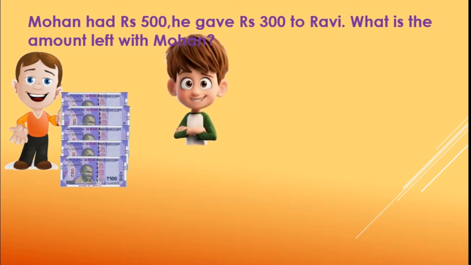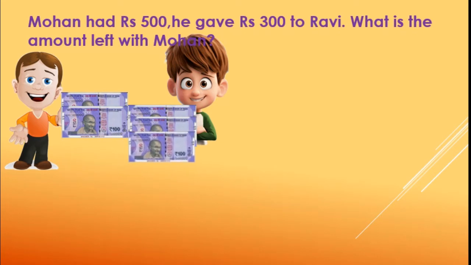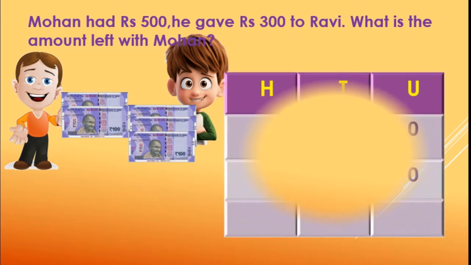Ravi needs 300 rupees and Mohan gives Ravi 3 notes of 100. One note that is 100 rupees, this is one more that is 200 and this is 300 rupees. Correct? Now we will make a table and we will calculate how many rupees left with Mohan.